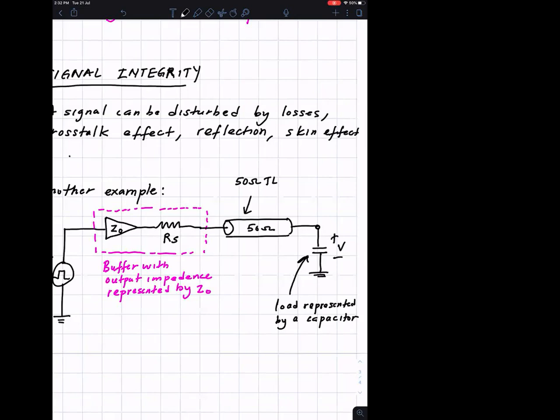Let's say you're taking the measurement at this point. The measured point. You are measuring the output at this point.